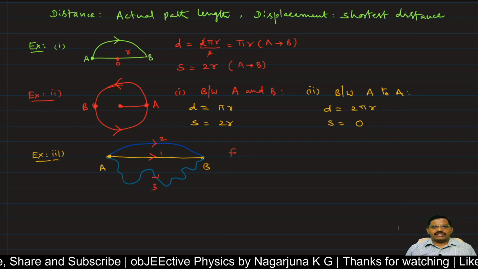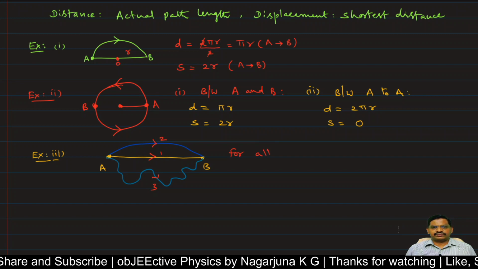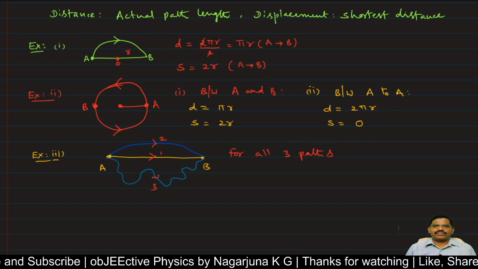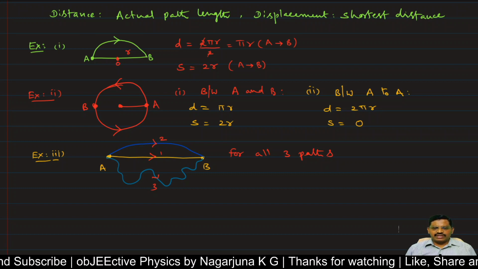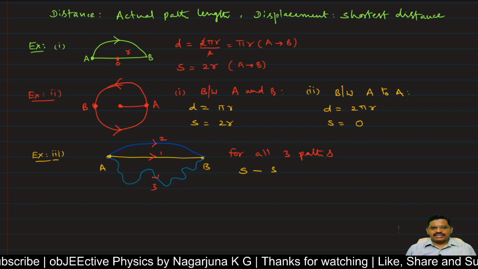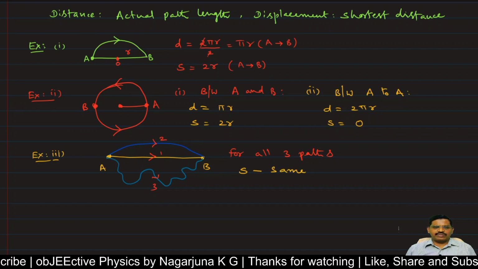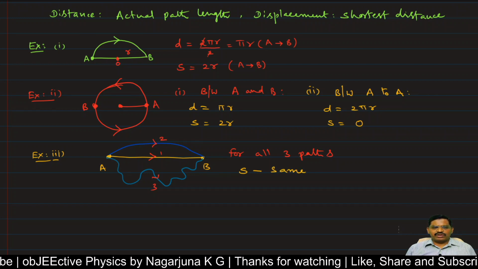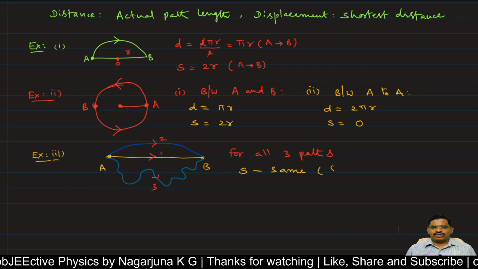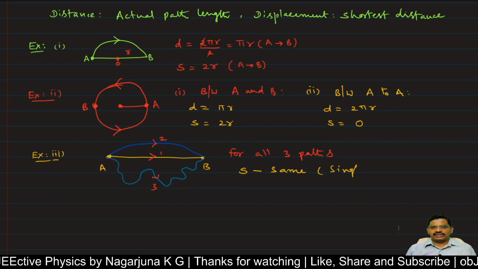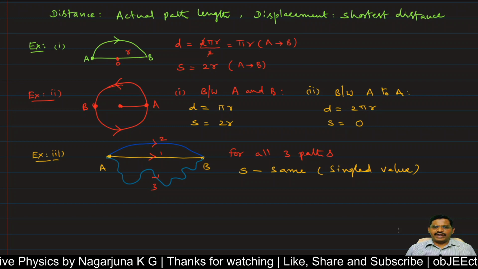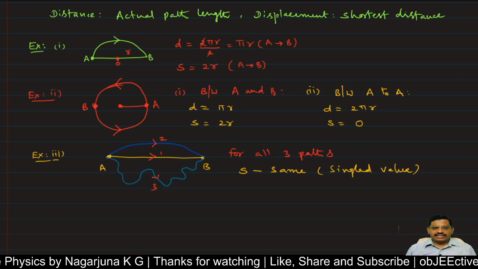For all 3 paths, displacement S is the same. So whatever the path followed by the particle, displacement has a single value between 2 points, whereas distances are different.